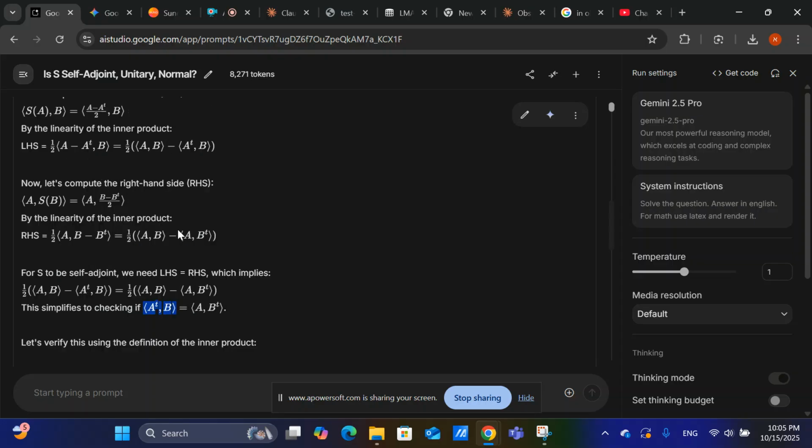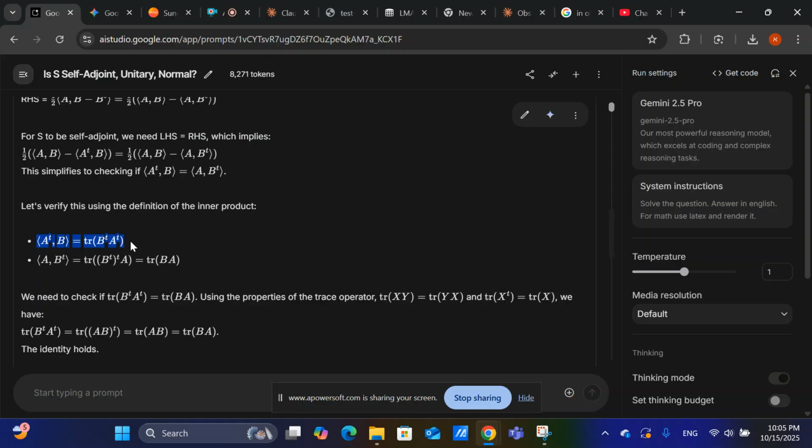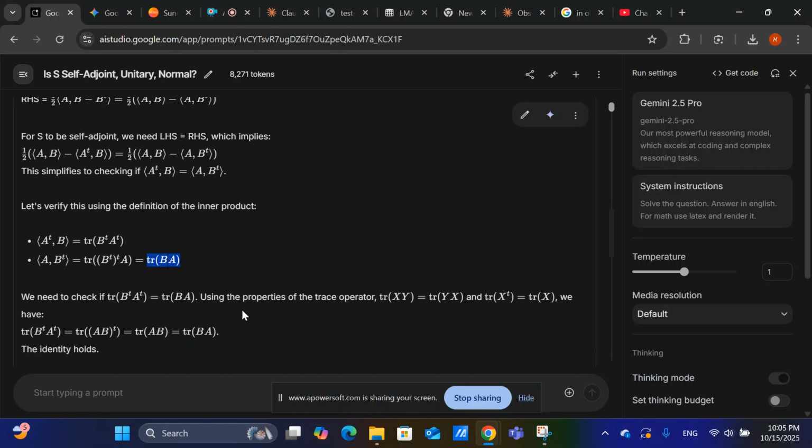Starting with this, by definition of inner product of matrices, it equals this trace. The right side, when we calculate, equals the trace of BA. Remember the rules for trace.